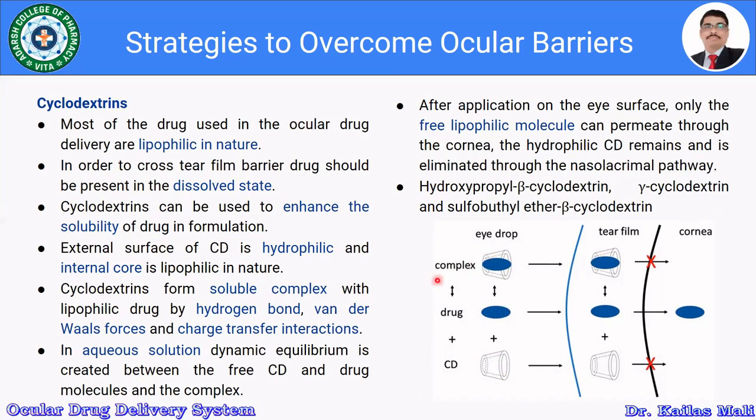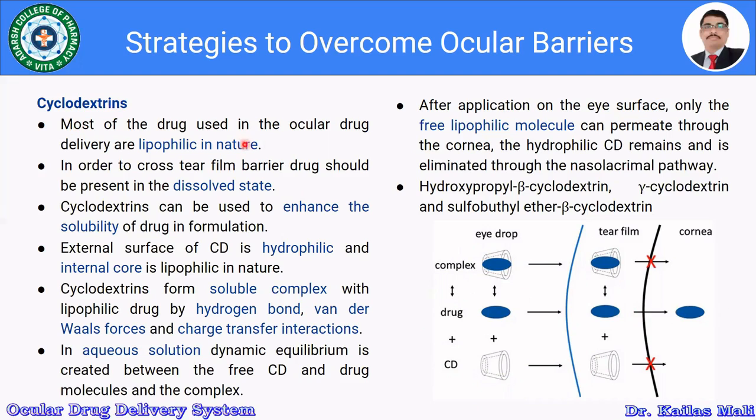Due to the solubilizing capacity of the CD, when the formulation or CD complex reaches the tear film, it is going to dissociate, and whatever drug molecules are there are going to accumulate onto the corneal surface, which furthermore promotes the absorption through the corneal membrane.